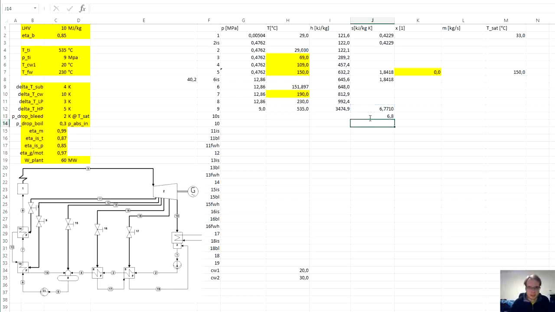Then isentropic entropy stays, and the pressure at point 10 is the same as the pressure at point 1, 5 kilopascals.